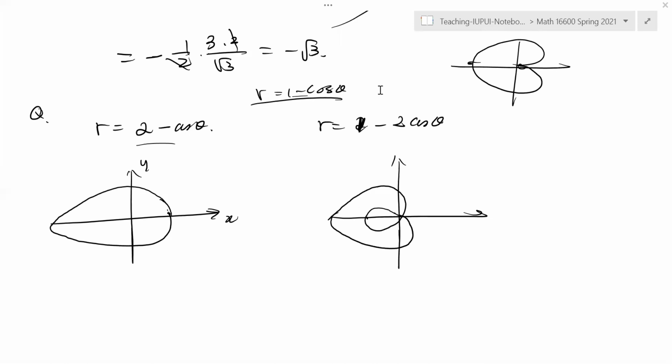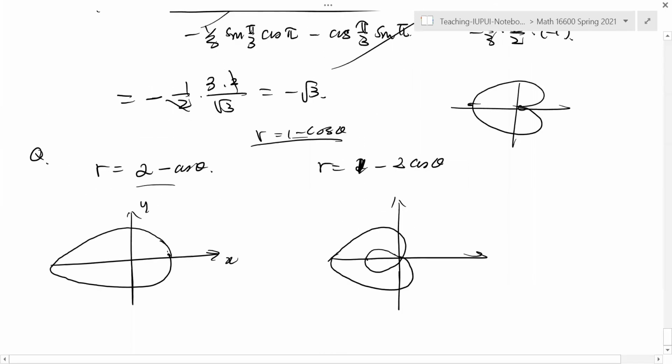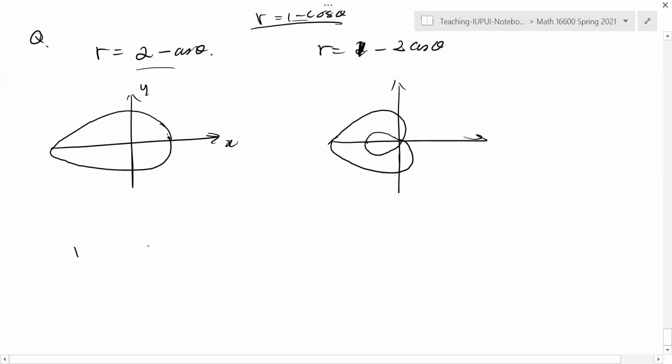I think the difficult part is the second one. I'm going to spend a little time to explain to you why. You have to understand how we draw the three graphs. Let's take a look at 1 minus 2 cosine theta.